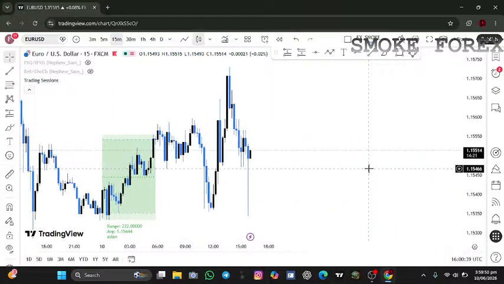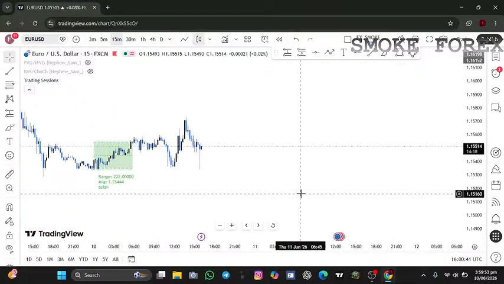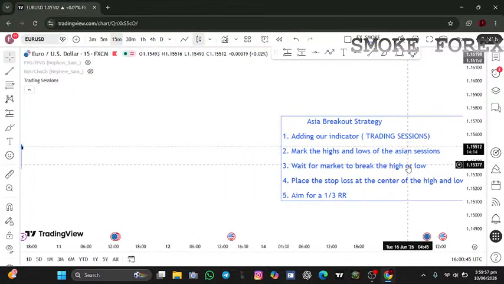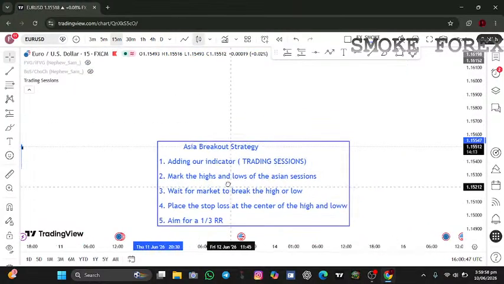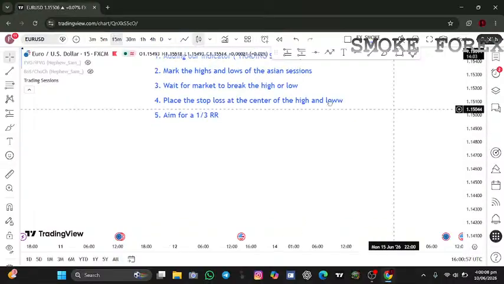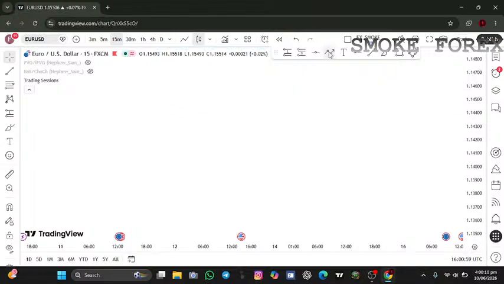So with this strategy, it's absolutely simple. But where's my notes? The name of the strategy I'll be talking about is the Asian breakout strategy, where we have price break either the Asian session high or low.